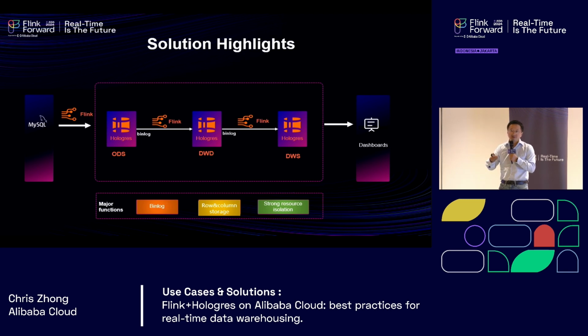If the resource is occupied by other queries, that will have a bad impact on the KV queries. So we need strong resource isolation to separate different scenarios and make Hologres stable and highly available to the downstream applications.